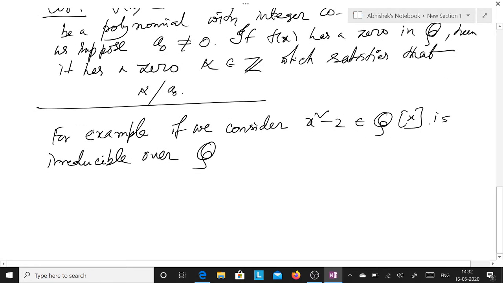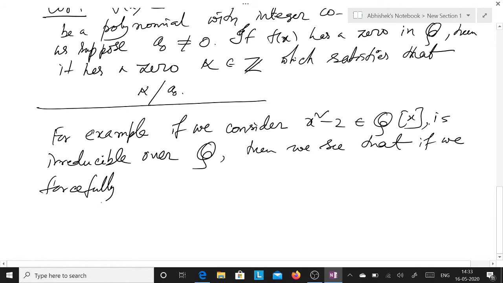So if we consider this polynomial, then we see that if we forcefully assume that yes, this polynomial has a 0 in the field of rationals.